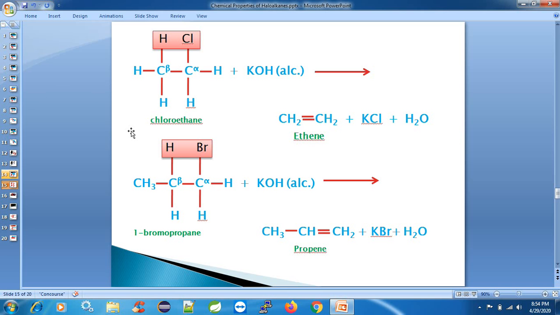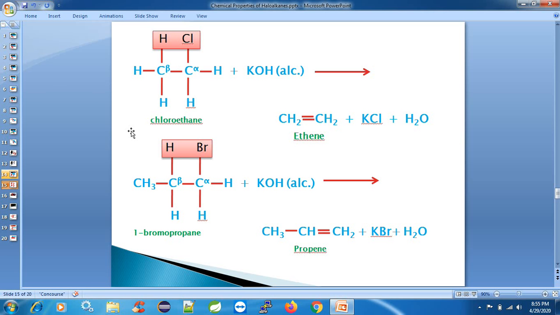Chlorine from the alpha carbon and hydrogen from the beta carbon are removed in the form of hydrogen halide, so a new bond is formed between the alpha carbon and beta carbon. The product is ethene along with potassium chloride and water. So when chloroethane reacts with alcoholic potassium hydroxide, hydrogen chloride is removed and the product is ethene, along with potassium chloride and water.